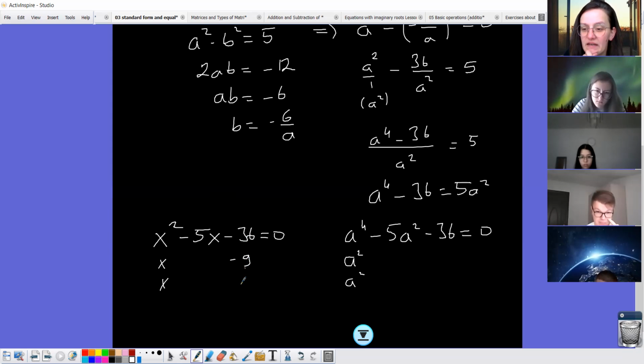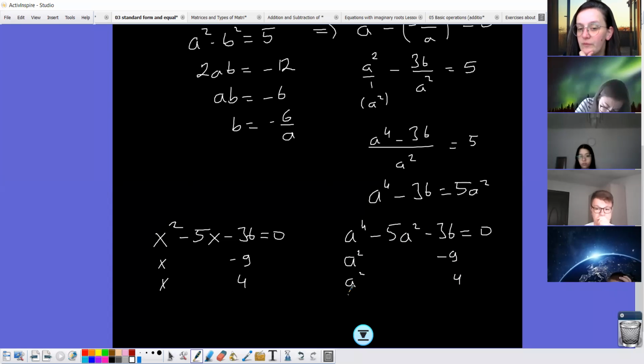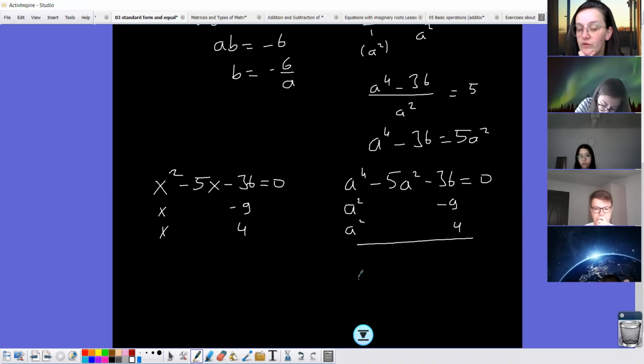Minus 9 and 4. When you cross product, you get minus 5x. The same thing you have here: minus 9, 4. When you cross product, you get minus 5a squared. So from here, we find that a squared is equal to 9 and a squared is equal to minus 4.